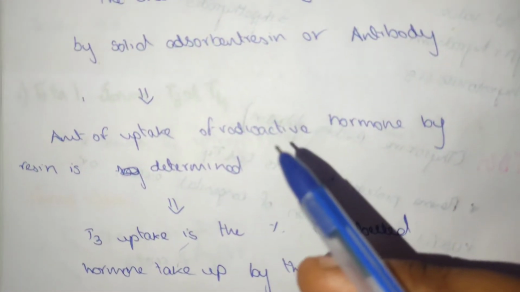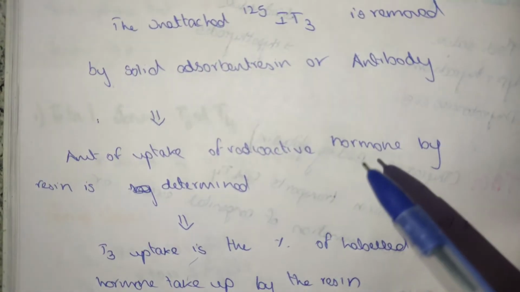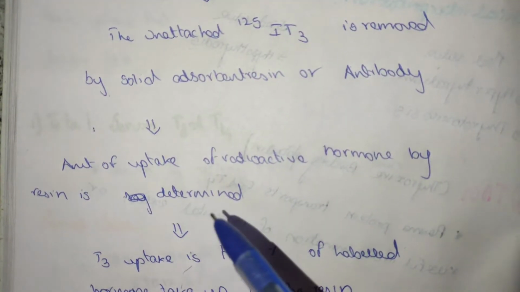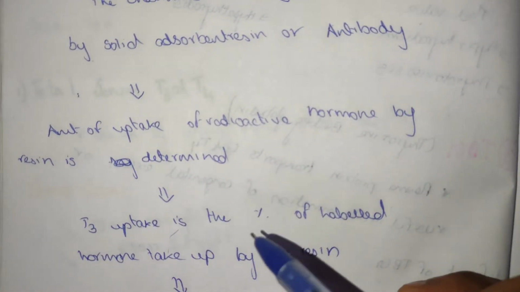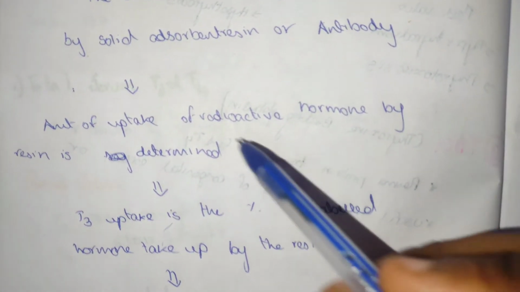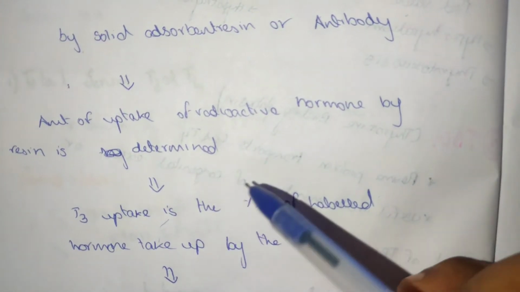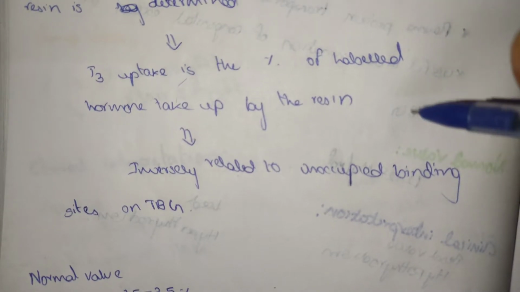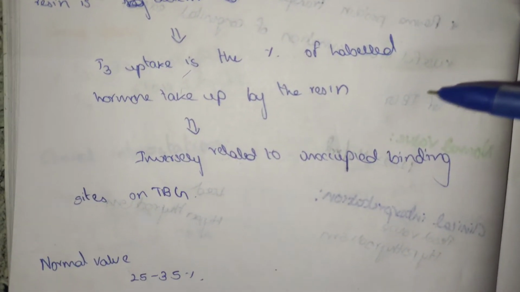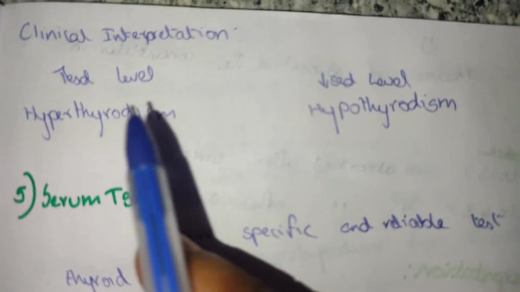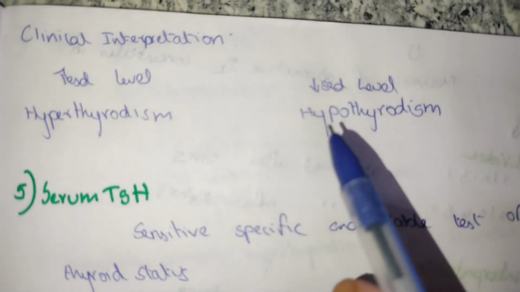The uptake of radioactive hormone by the resin is determined, and the T3 uptake is the percentage of the labeled hormone taken up by the resin. The resin uptake is inversely related to the unoccupied binding sites of TBG. The normal values are 25 to 35. The clinical interpretation: increased level is seen in hyperthyroidism and decreased level is seen in hypothyroidism.